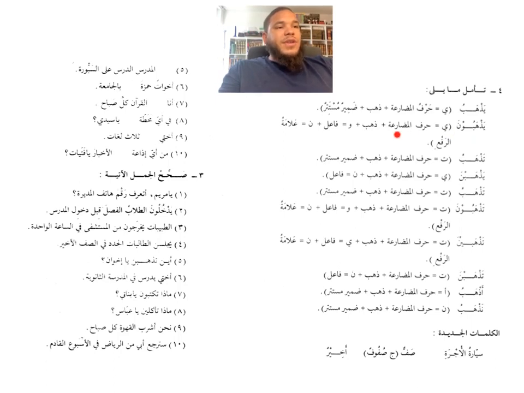Unlike here, it says يذهبون. Ya حرف المضارعة. The ya at the beginning is the letter of present tense. ذهب is the actual past tense verb. So يذهب. Then the waw is the fa'il. Is the doer, because waw represents the plural, the jama'. Okay, and then noon is the sign that it is marfu', the sign that it is in a state of nominative state, which means basically nothing has come before the verb to affect it.